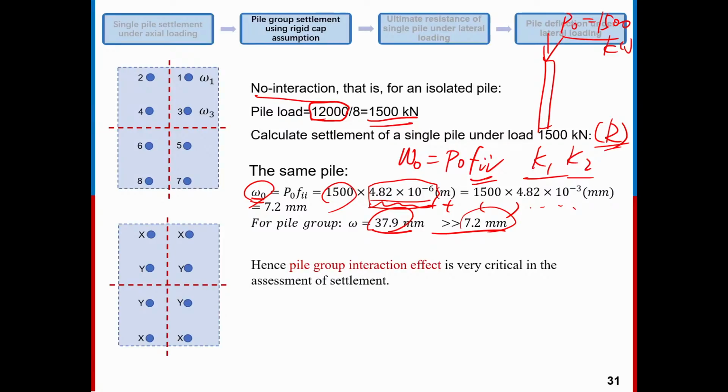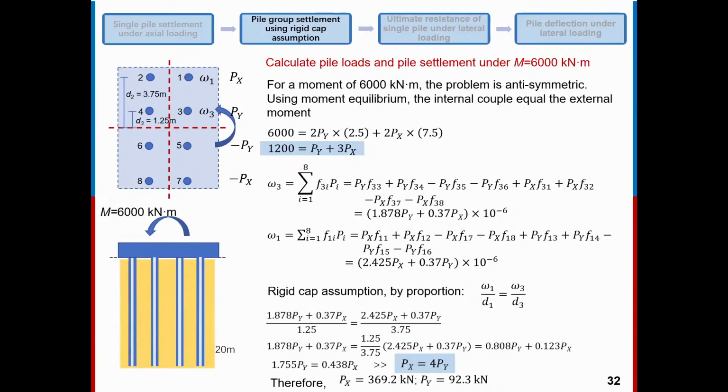We call it the pile group interaction effect, which is an adverse effect for the pile settlement. This is just supplementary information about the pile group interaction effect, okay?